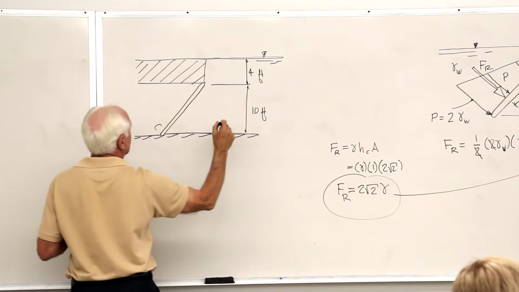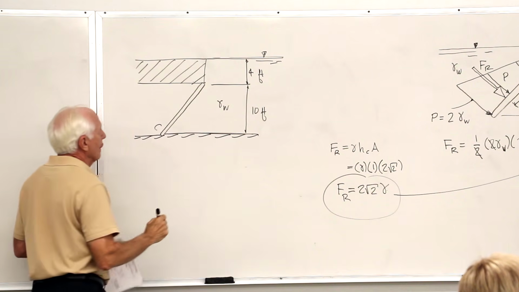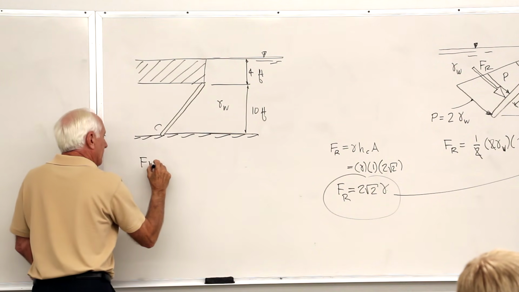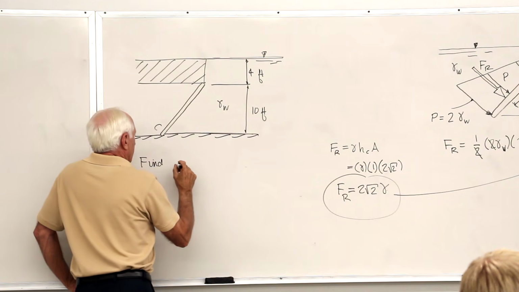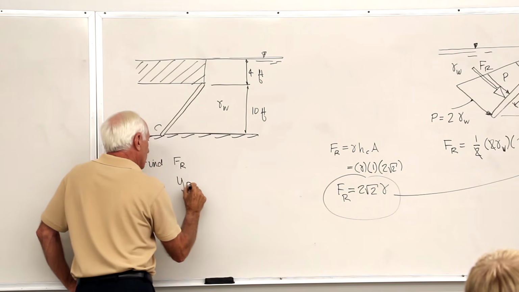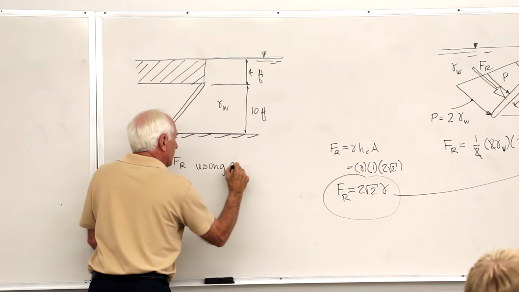Free surface, gamma water. So on that, you can find FR and you can find Y sub R using equations.